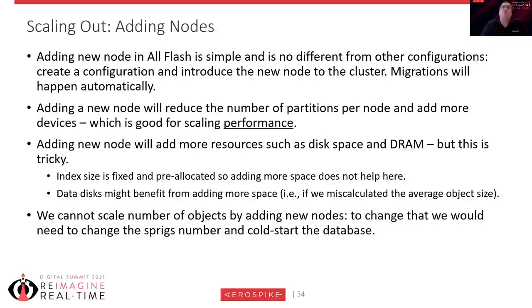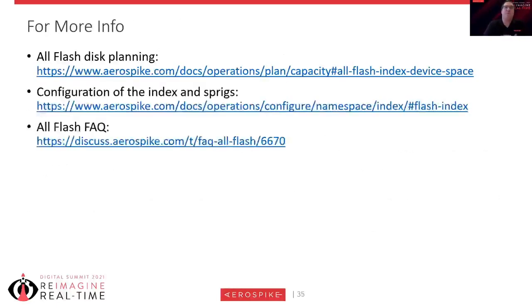Adding nodes reduces the number of partitions per node, and it's really good for scaling, but it doesn't allow us to breach the number of objects per sprig, the number of objects in the cluster. So adding a node would add resources, it will add disk space, it will add DRAM, but it might not breach the number of objects that you might want to use in your cluster. If we do want to scale that, we'll need to reconsider the number of sprigs per partition.